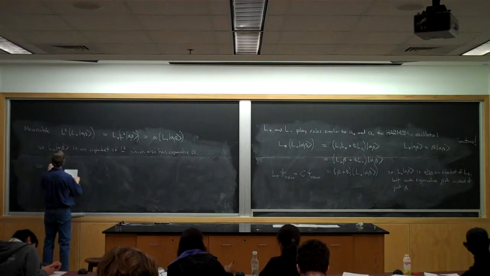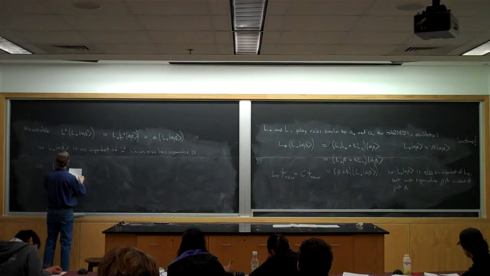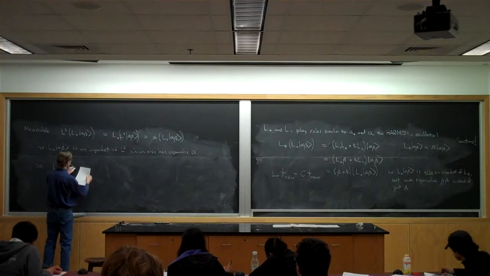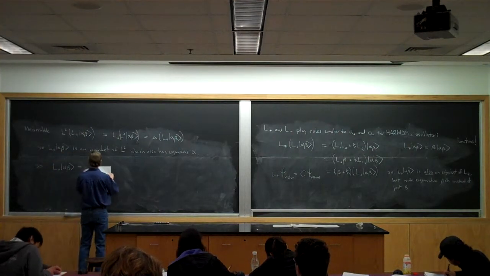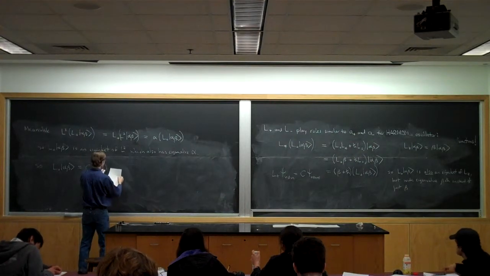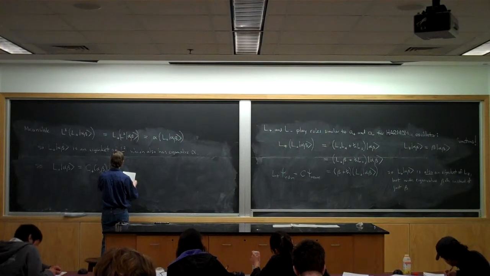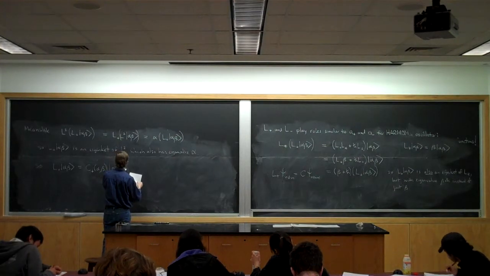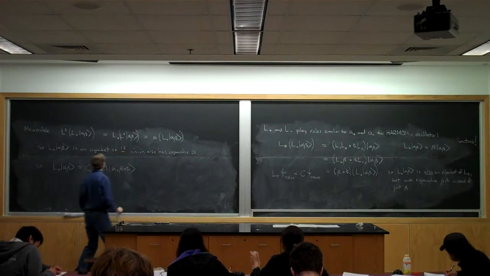So what we can conclude then is that L plus on a state alpha beta is equal to, I'm going to call it C sub plus of alpha and beta times the ket alpha comma beta plus h bar.